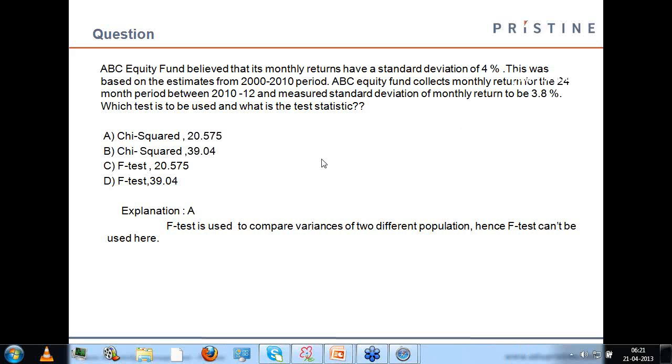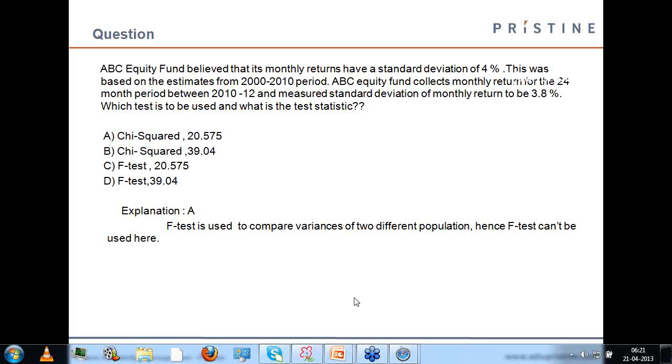We have this ABC equity fund, and it believes that its monthly returns have a standard deviation of 4%, based on estimates from the 2000 to 2010 period. ABC equity fund collects monthly returns for the 24-month period between 2010 and 2012, and it measures the standard deviation of monthly return to be 3.8%. Which test is to be used and what is the test statistic?